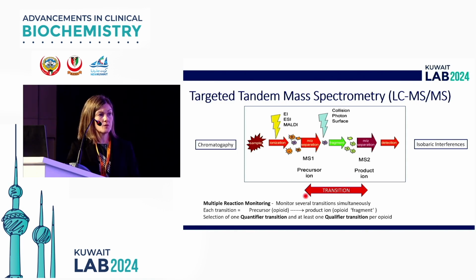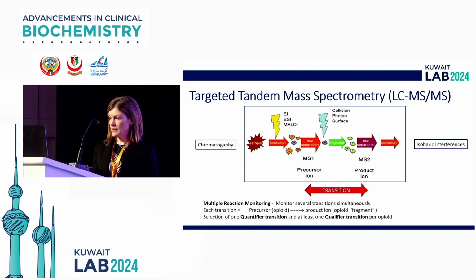You can use multiple reaction monitoring, where you monitor several transitions simultaneously, where each transition will look at the precursor mass and then the product fragment mass. Typically, for a good assay, you have one quantifier transition, which you use to report the quantitative values, and at least one qualifier transition, which confirms the identity, making sure that you are measuring what you're actually wanting to measure.